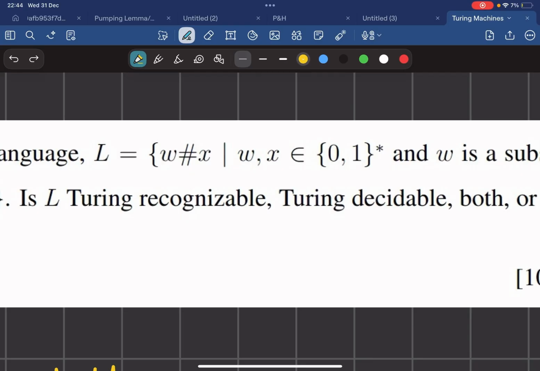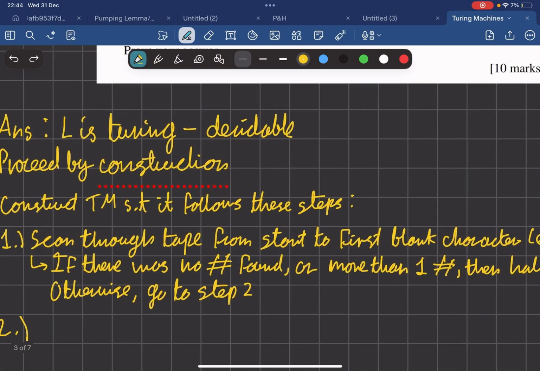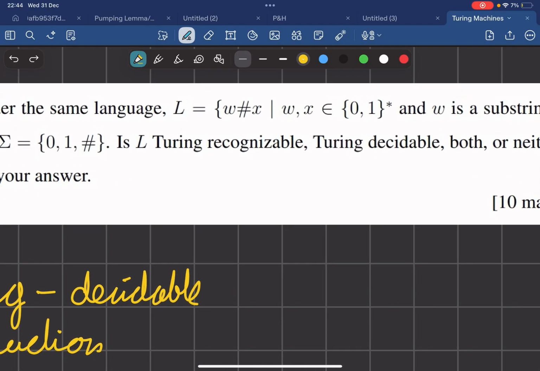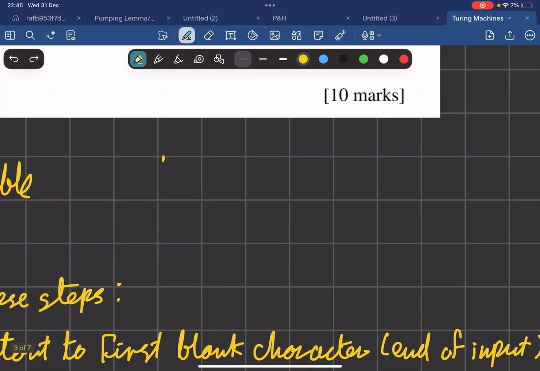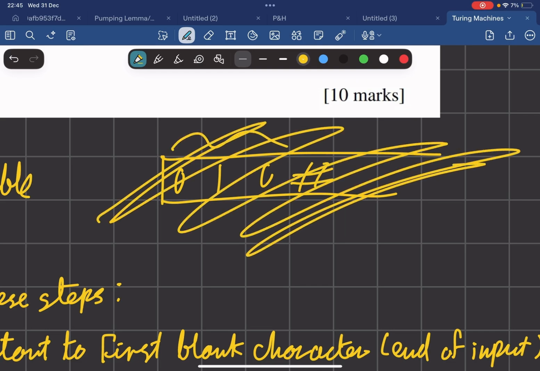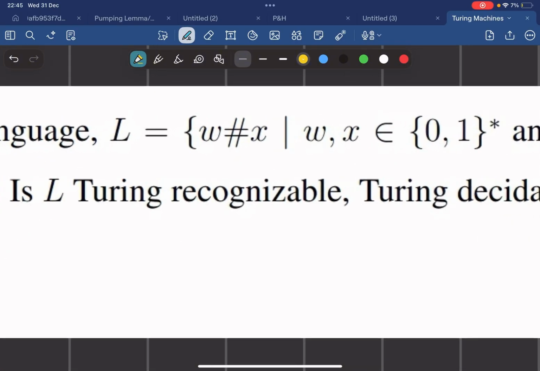Now this is a bit awkward because all this is in one string, and writing out this proof would be a bit long because you have to keep saying, go to the string before the hashtag, go to the string after the hashtag, because these aren't explicitly named W and X. It's just some sequence of symbols on the tape. Like this isn't called X, it's just 0, 1, 0. And so it would be nice if we could separate the two into separate sections, so have W on one thing and X on another.